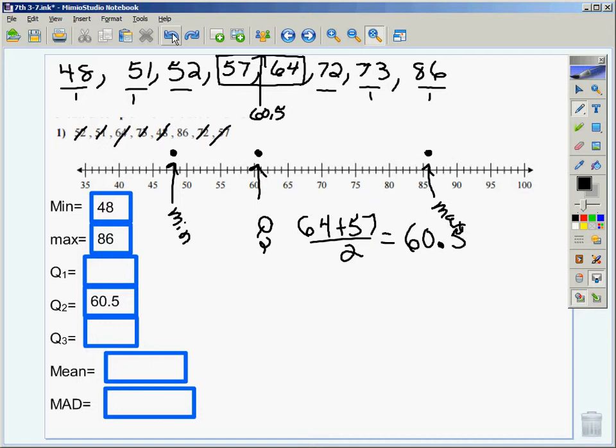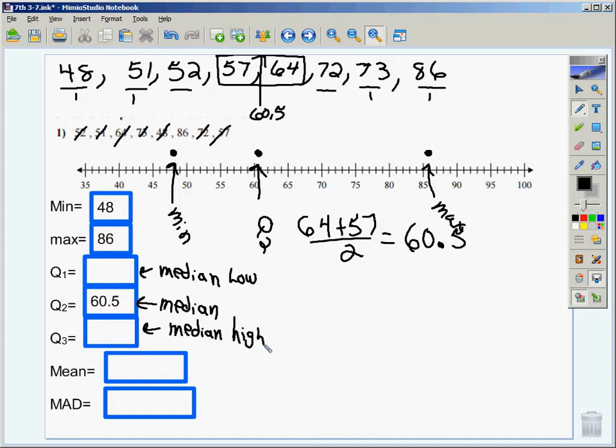Q2 is the median of the whole thing. Q1 is really the median of the lower end. Q3 is the median of the high end.